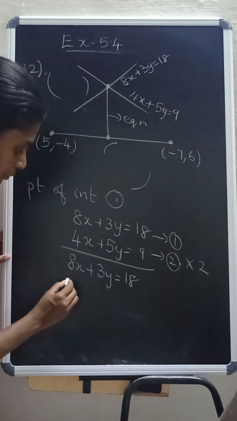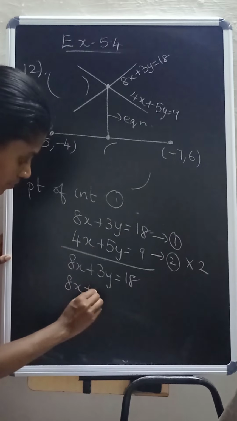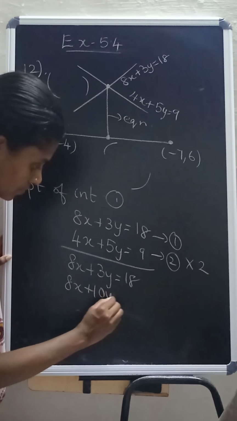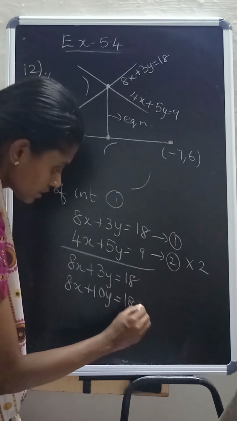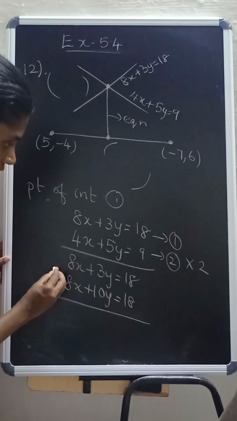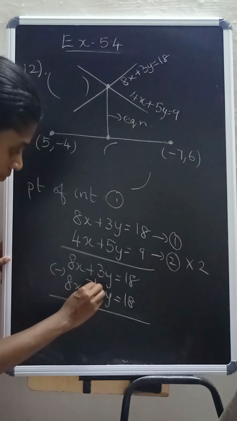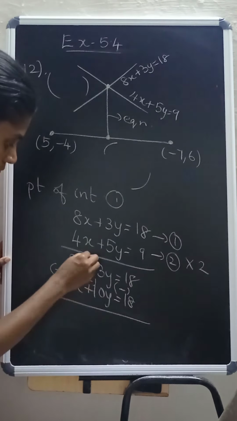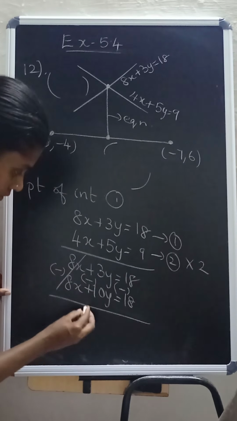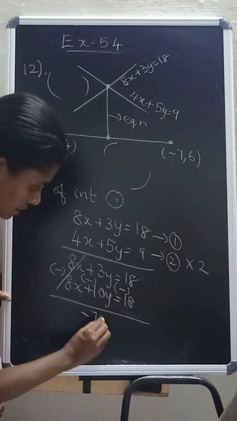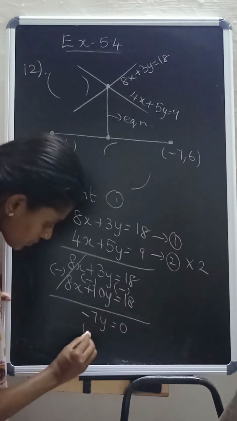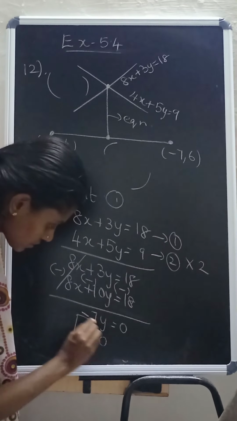Multiplying the whole equation by 2. Changing sign. You will get minus 7y is equal to 0. So y is equal to 0.